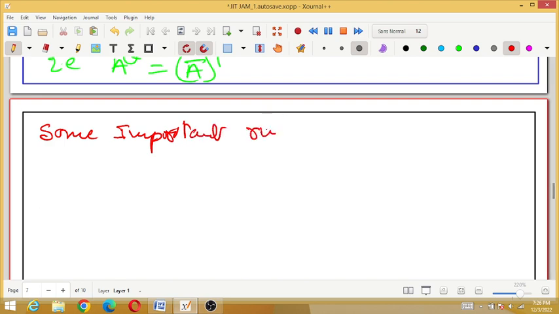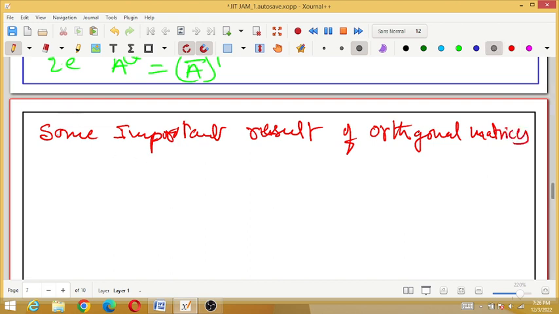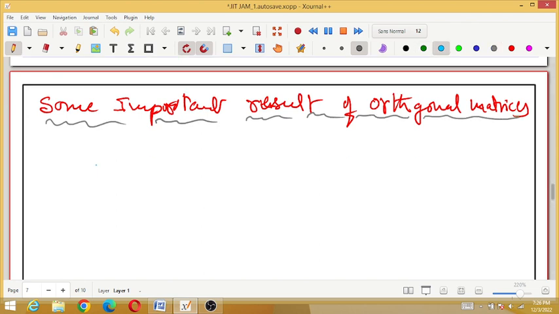This result is very important for doing questions. These are the applications of orthogonal matrix. Orthogonal matrices are very important. Based on this result they will ask questions.